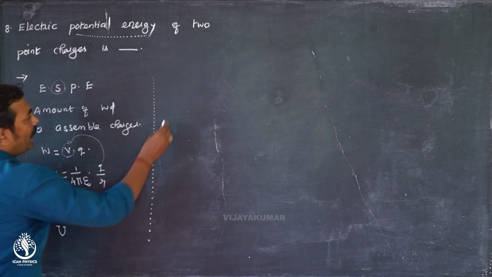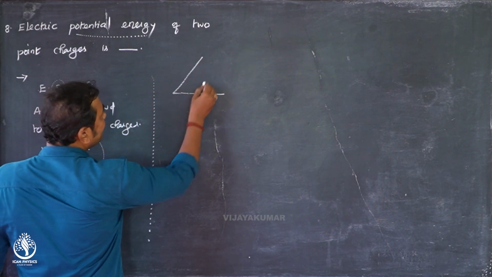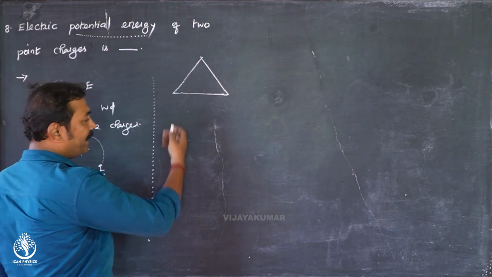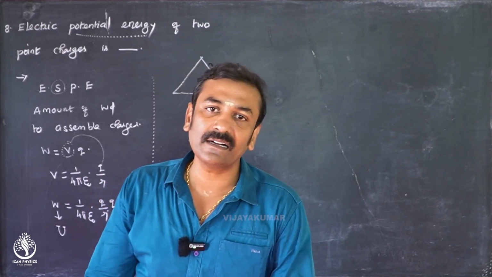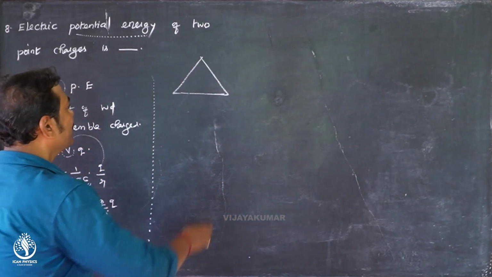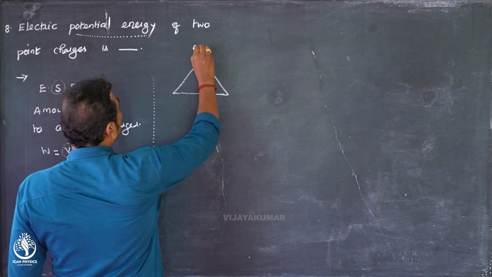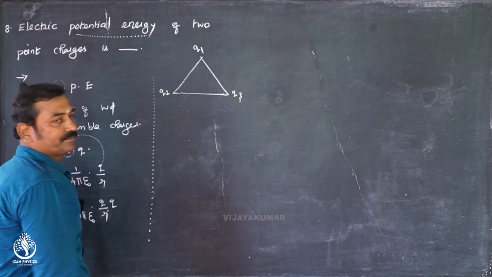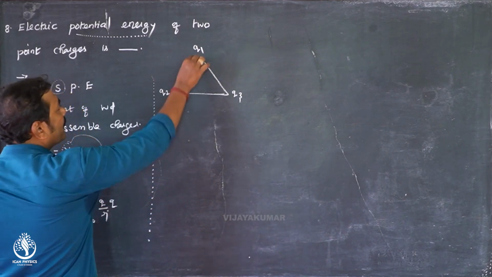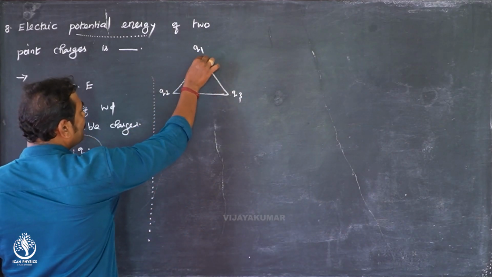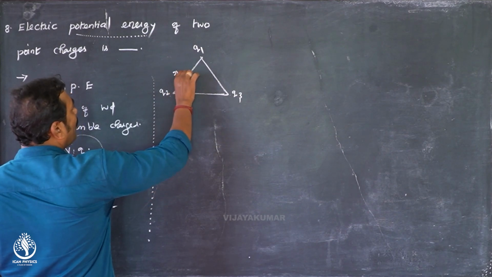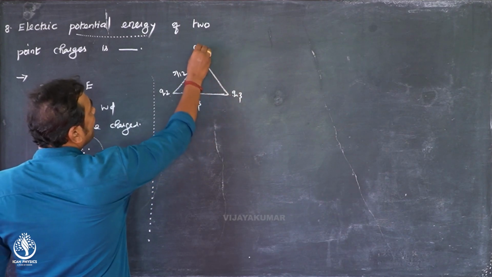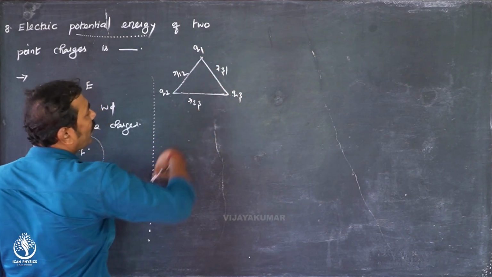Now I am trying to assemble three charges on the vertices of a triangle. It may be an equilateral, right angle or isosceles triangle, whatever it may be, the formula will be the same. The three charges Q1, Q2 and Q3 are placed at the vertices. The distances between them are R12, R23 and R31.